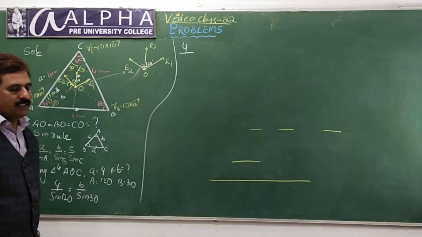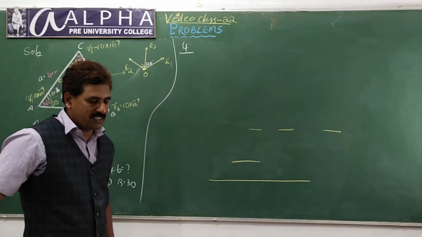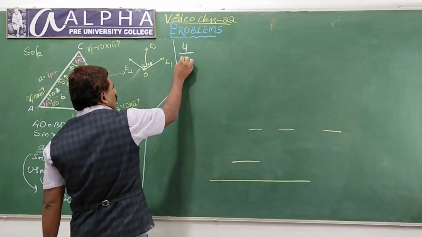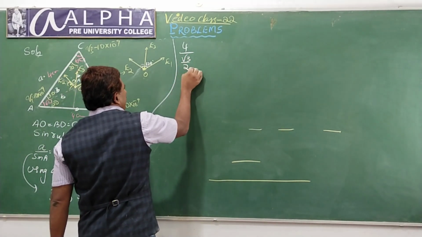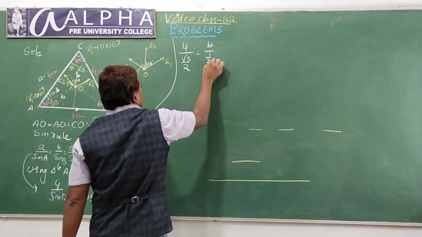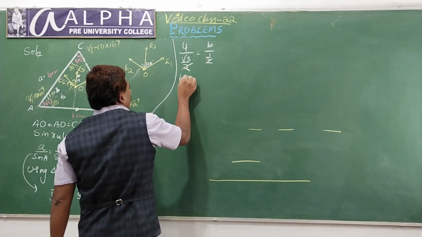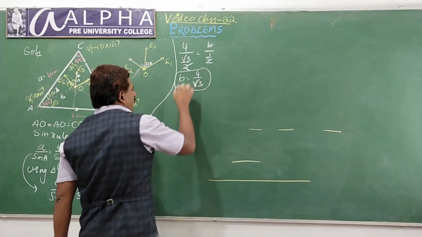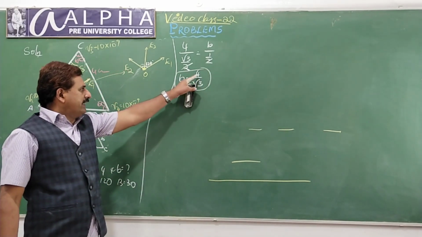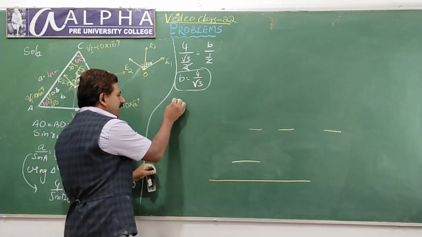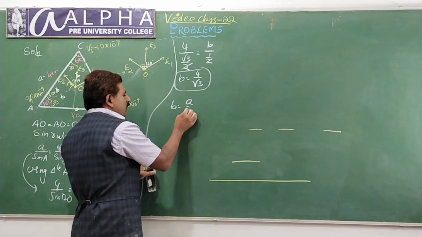What is sine 120, students? Sine 120 is sine of 180 minus 60, which is sine 60. What is sine 60? Root 3 by 2. Straight away you will write: equals B divided by sine 30, which is 1 by 2. 2 cancels. So the value of B is 4 by root 3. In general, if you consider side length as A, it is A by root 3.